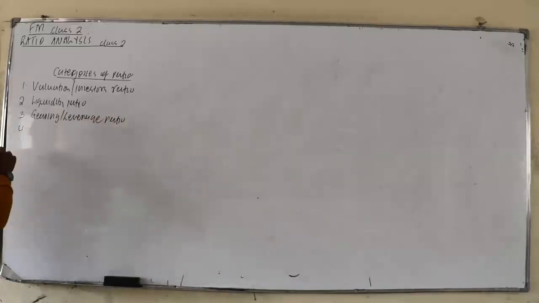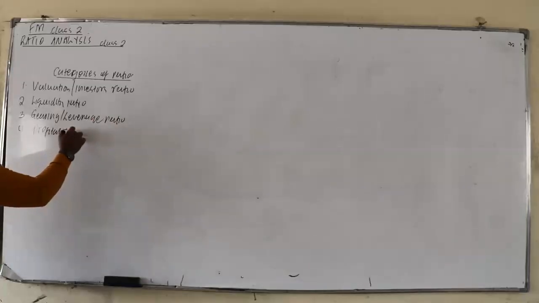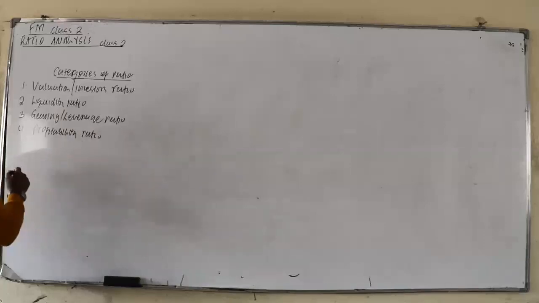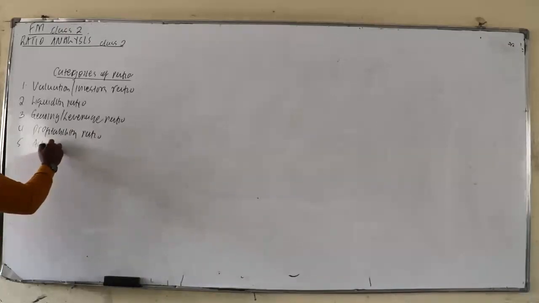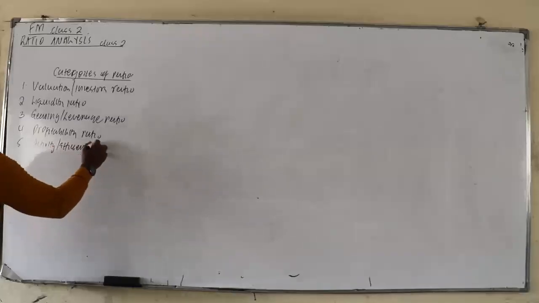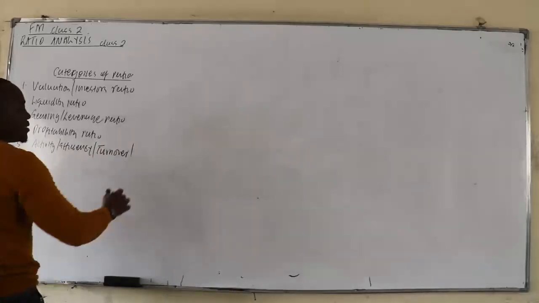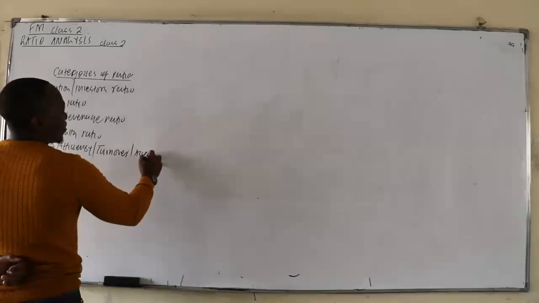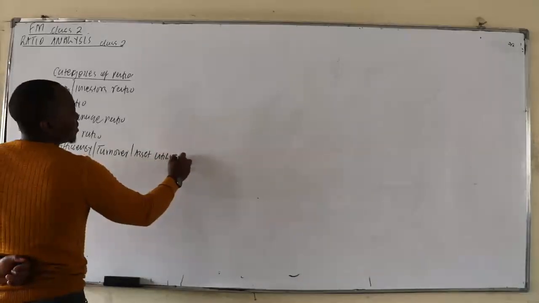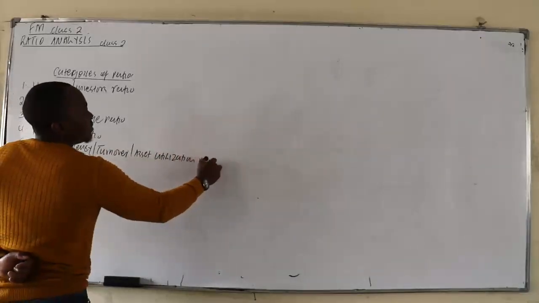And then number 4, we have profitability ratios. And then lastly, number 5, we have the activity or the efficiency or turnover, also known as asset utilization ratio.